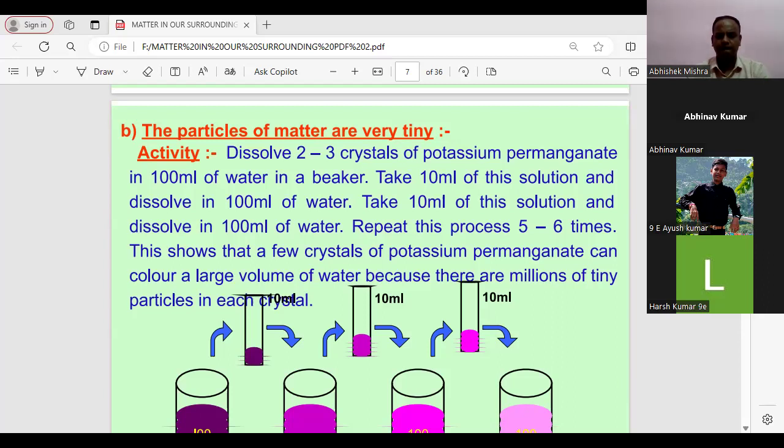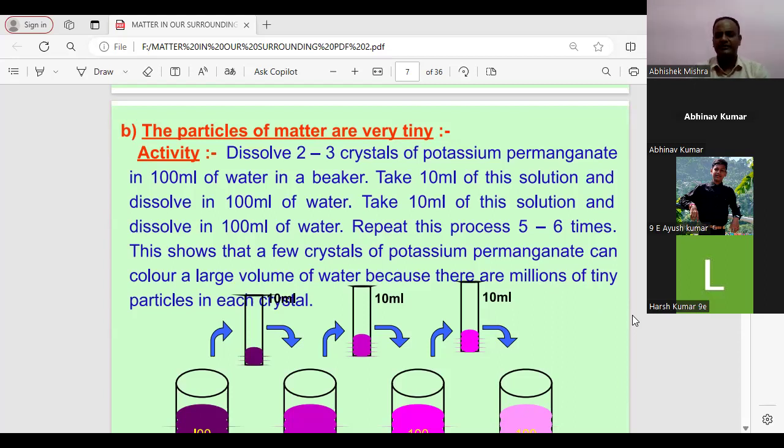And when we take out 10 ml of that solution into another 100 ml of water, we can see that the color becomes lighter because the amount of particles of potassium permanganate becomes lesser than before, and the amount of water particles is more than before. This happens when we do this continuously. We can see that the water color becomes lighter and lighter.